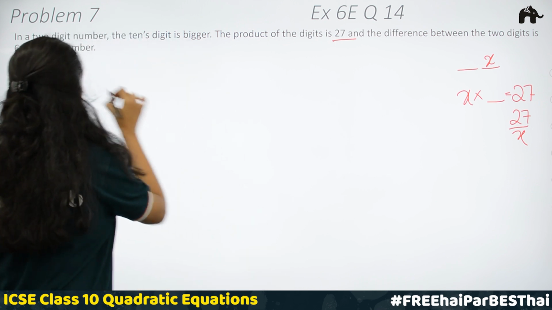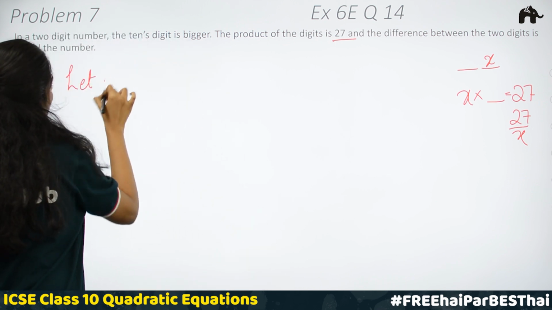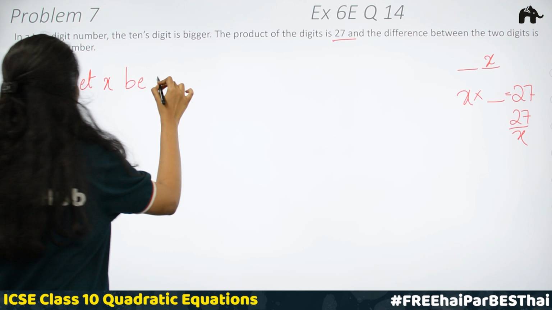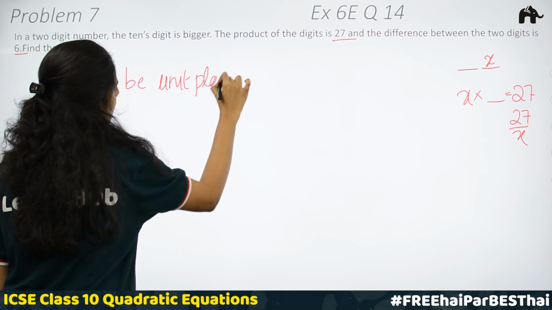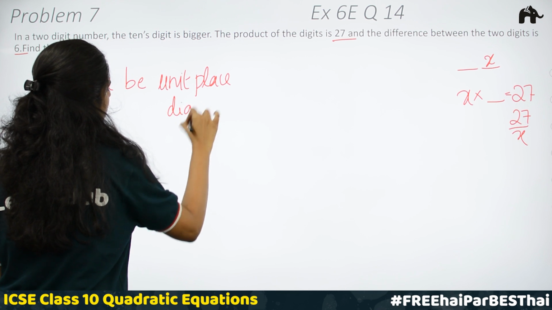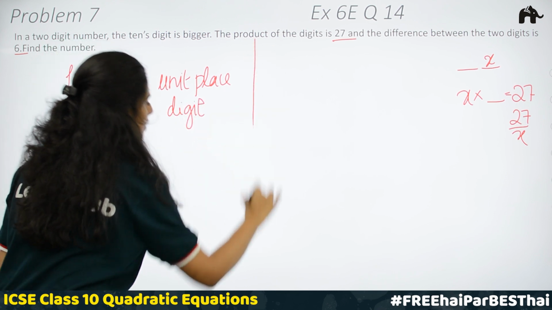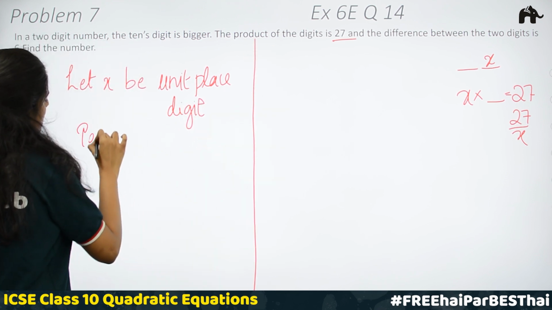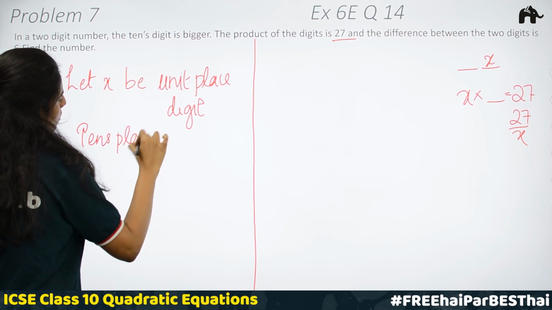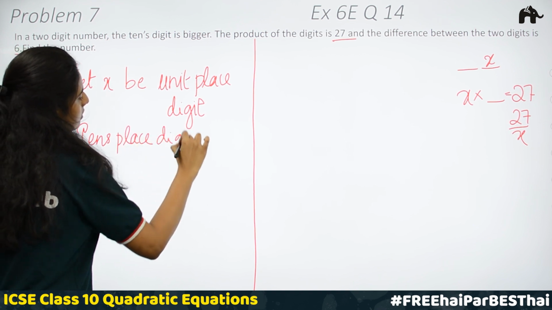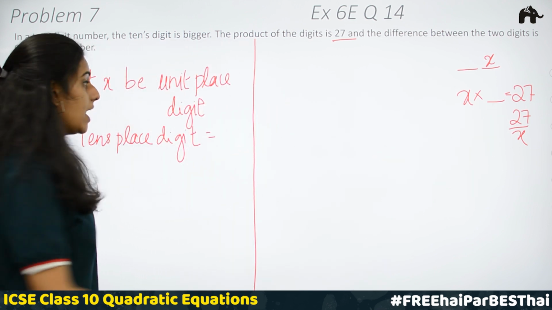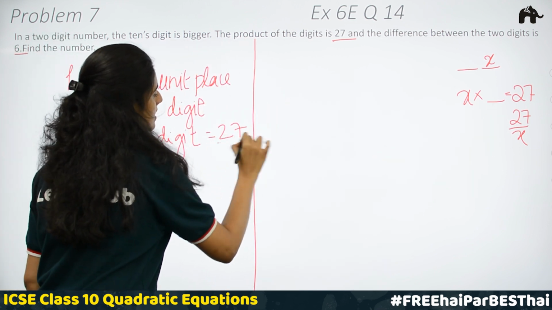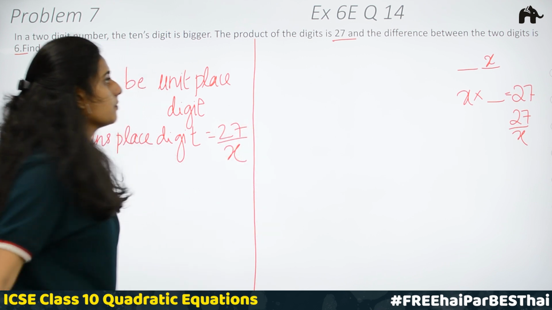Okay. So, let x be unit place digit. Then tens place digit is equal to 27 divided by x. 27 by x.